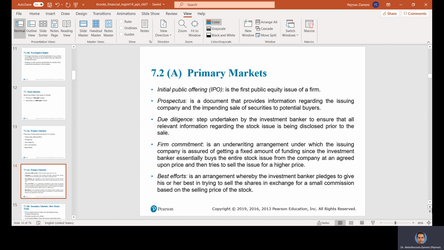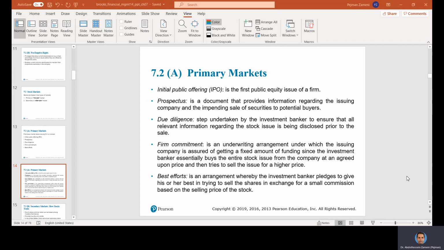It means that when the company is going IPO, they need to release all the information related to the company, and that booklet is called the prospectus. Due diligence is the step undertaken by an investment banker to ensure that all relevant information regarding the stock issue is disclosed prior to the sale.